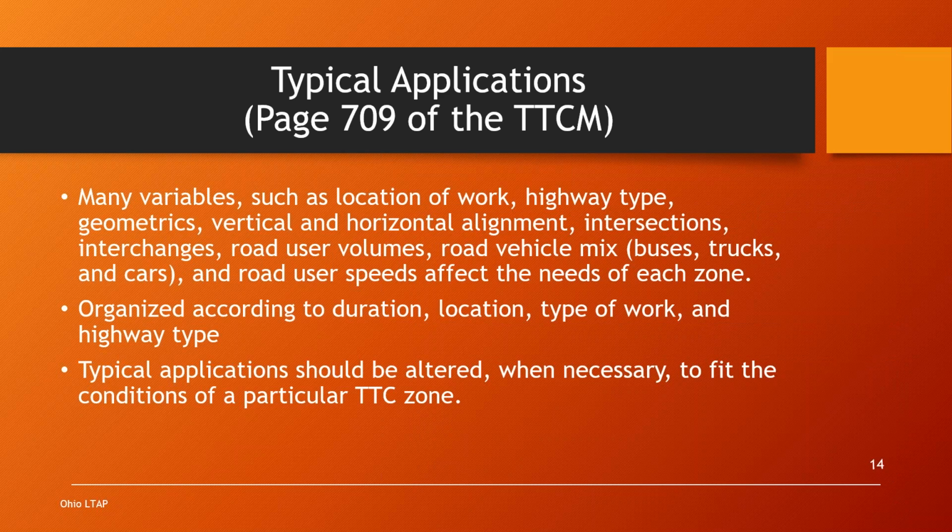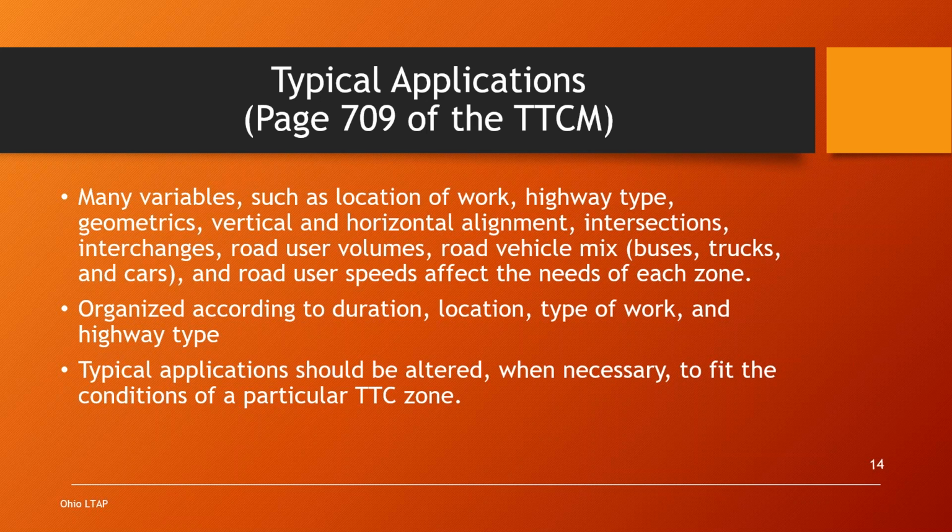Typical applications. So what we're going to learn about these typical applications is there are different types of roadways in Ohio, right? Or all over the U.S. We begin with our 2-lane rural roads and go all the way up the chain to our multi-lane freeways, and then everything in between. So there are a lot of variables on each one of these types of roadways. Also, where we set up our work zone is different.